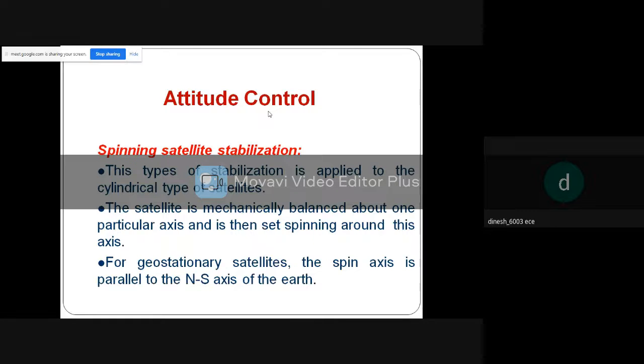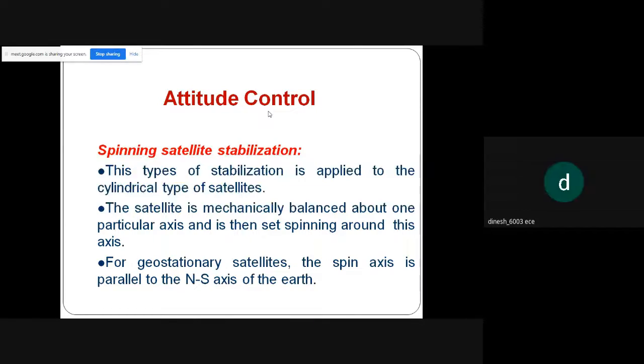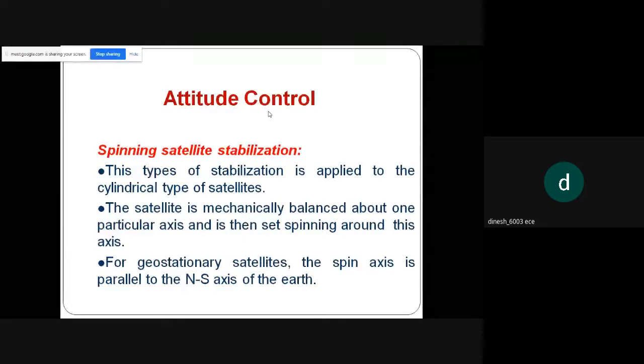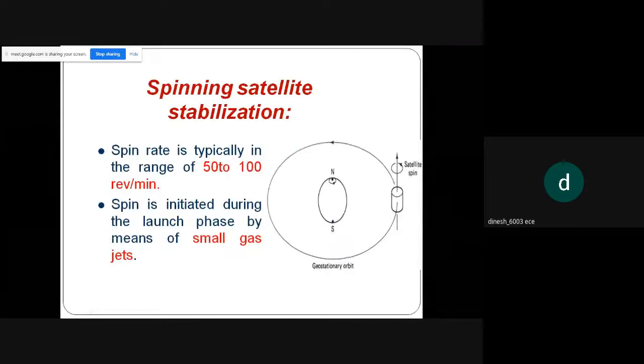Next is spinning satellite stabilization. This stabilization is applied to cylindrical types of satellites. These satellites are mechanically balanced about one particular axis and then set spinning around that axis. For a geostationary satellite, the spin axis is parallel to the north-south axis of the Earth. So this is your spinning mechanism.